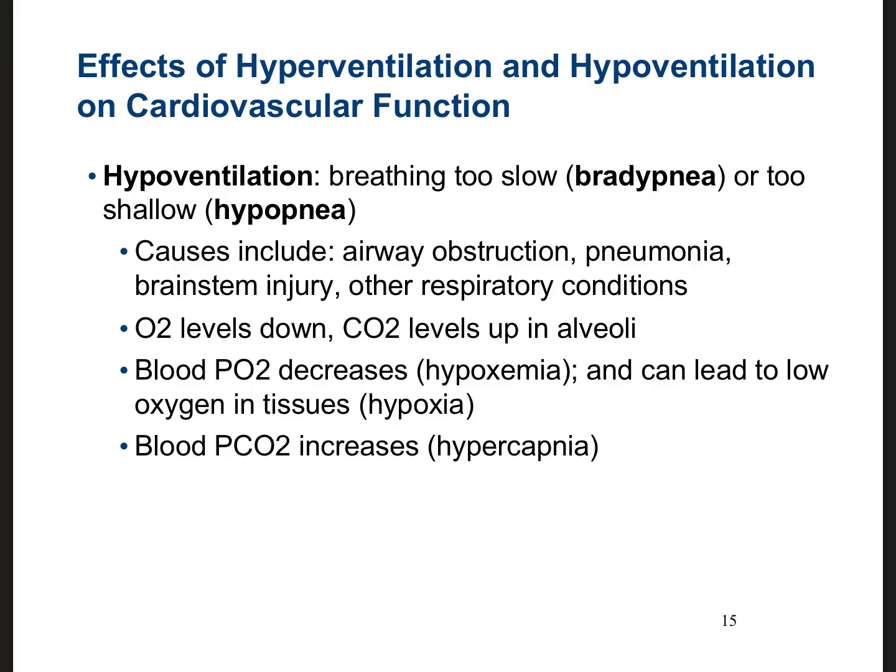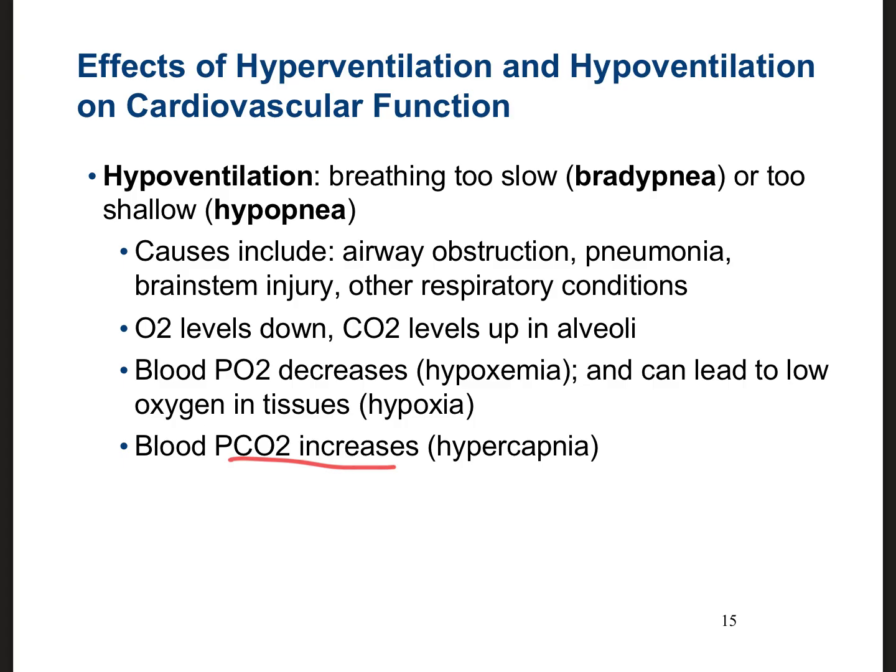So if I don't get enough air in, what happens to oxygen levels? They drop. What happens to carbon dioxide levels? They increase. Low oxygen levels, high CO2 levels means low pH, and now we have respiratory acidosis. All right, so then we end up with increased carbon dioxide in the blood.